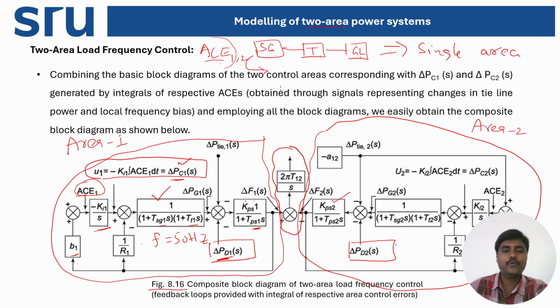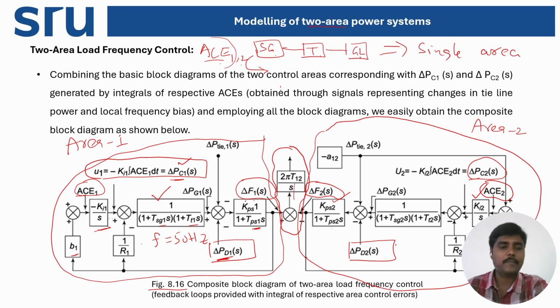If you observe carefully, from area 1 the output signal is delta F1 of S, and from area 2 we get delta F2 of S. We take the difference of these two frequency errors and give it to the tie line block. In area 2 also we have one more PI controller which will take care of minimizing this area control error signal by giving a command signal delta P2 of S.